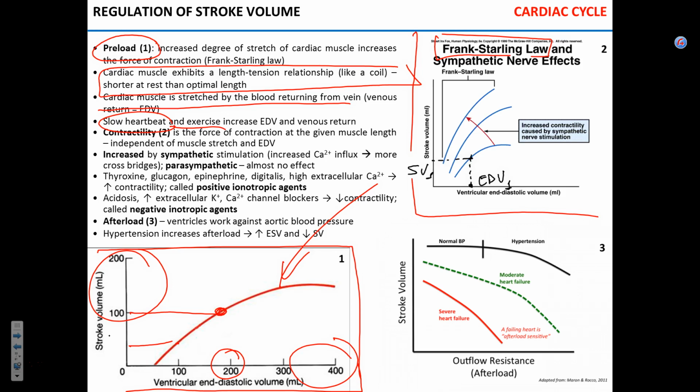Now look at the second curve after sympathetic stimulation. It's going to have stroke volume 1 prime. And on the third, stroke volume 1 double prime. So what is the relationship between all these three stroke volumes?